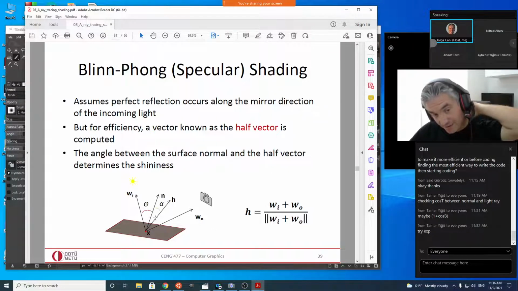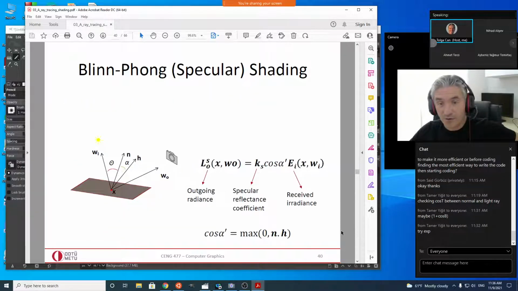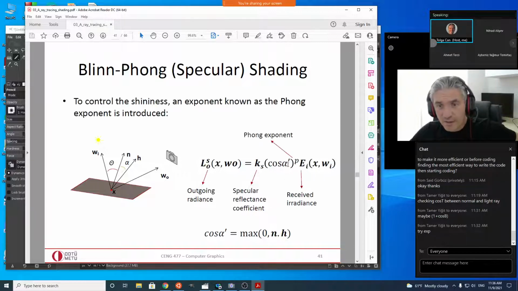That's your half vector. The angle between the half vector and normal vector is the thing that you use in the specular component. As you can see, the specular component is raised to some power, the CENG exponent, called the specular exponent. We raise it to some power to have this model.